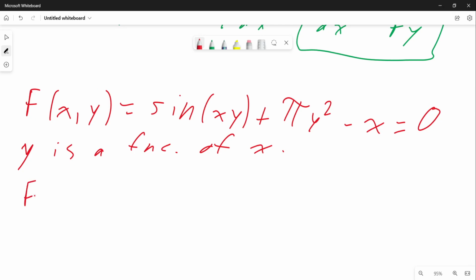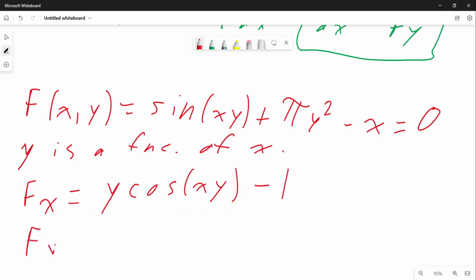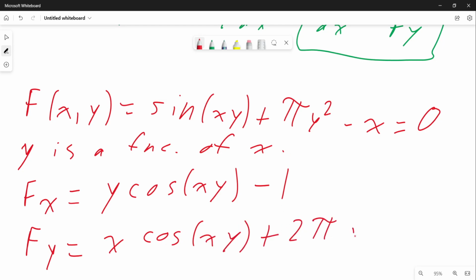We can say fx is y cosine xy minus 1. And fy is x cosine xy plus 2 pi y.